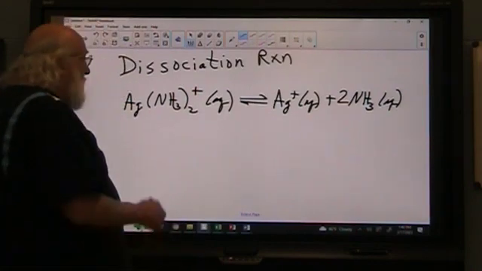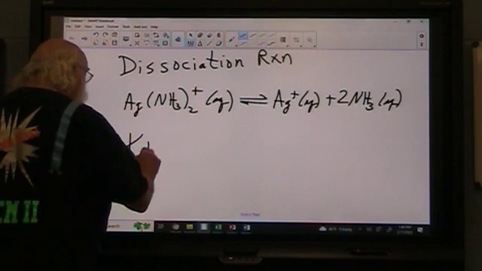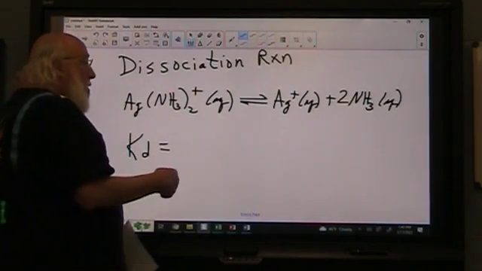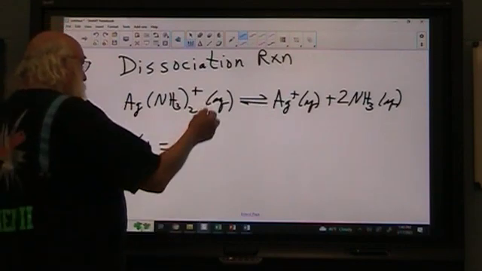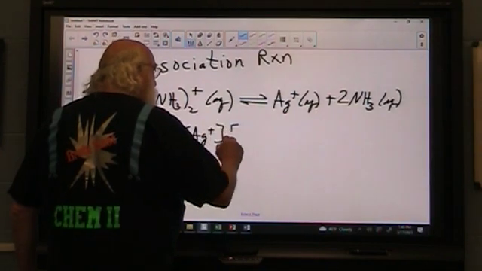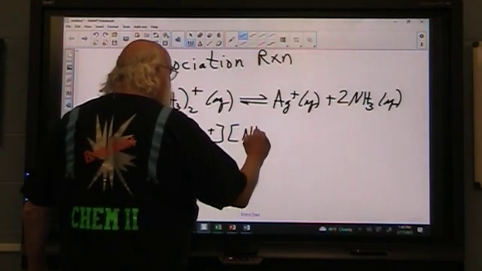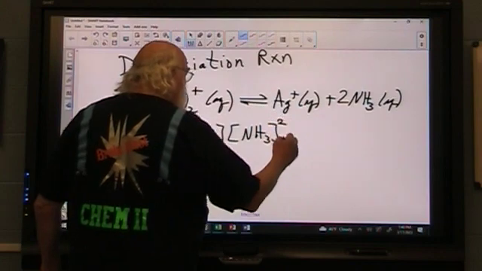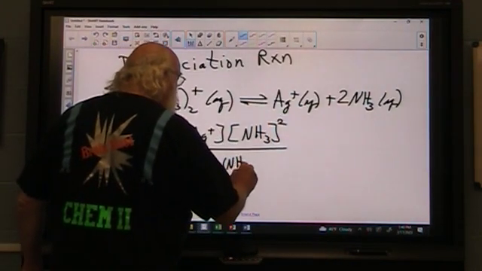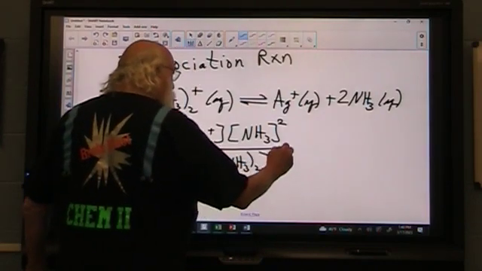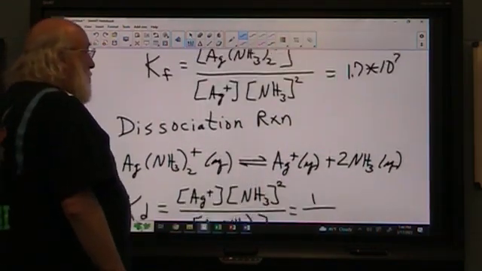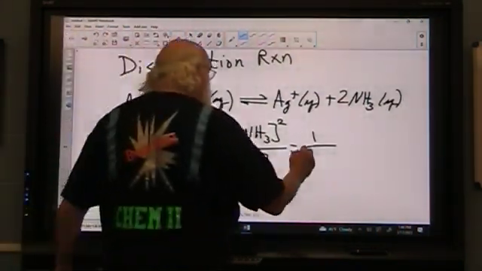Which means then that the Kd for this, K of dissociation, is going to be the reciprocal of what you have. In other words, this is going to be the concentration of Ag positive times the concentration of NH3 squared over the concentration of Ag NH3 2. And that's going to be equal to 1 over the Kf, which I said is 1.7 times 10 to the 7th.